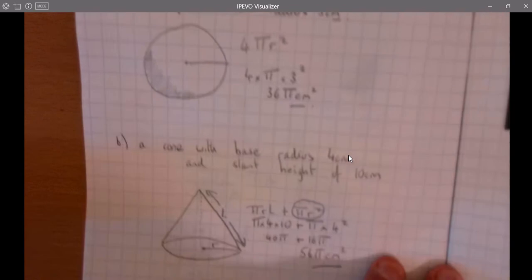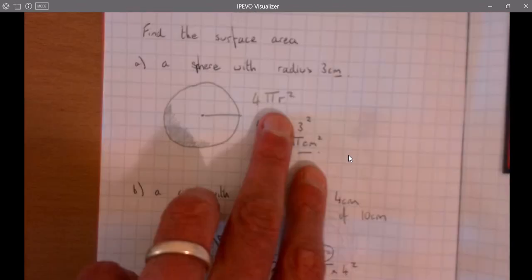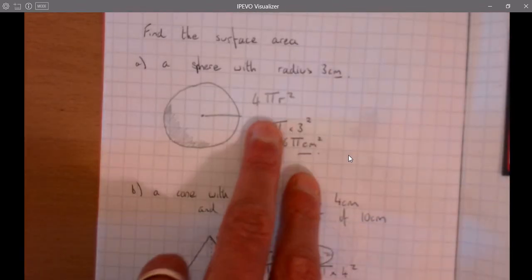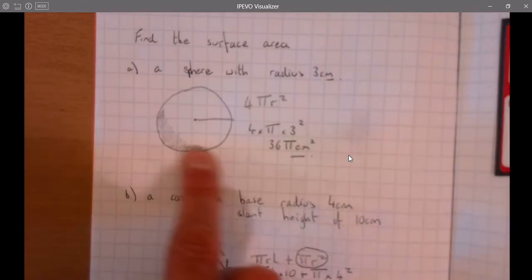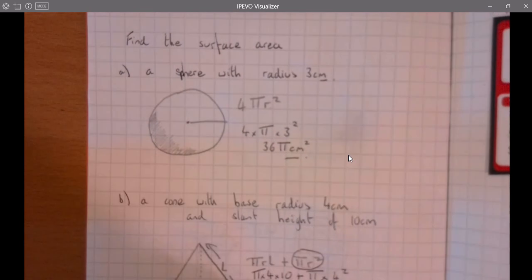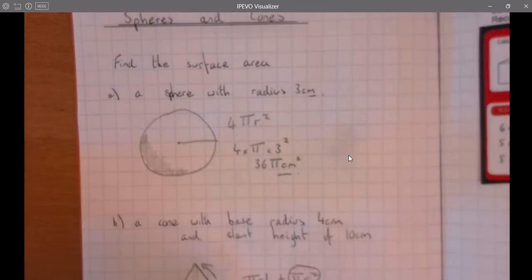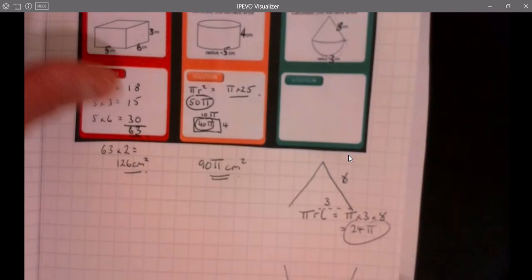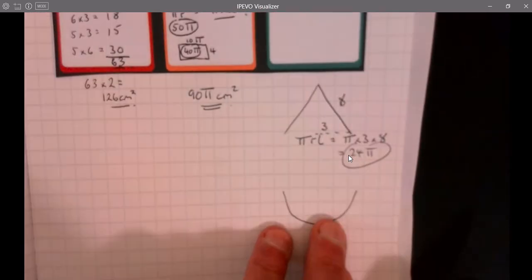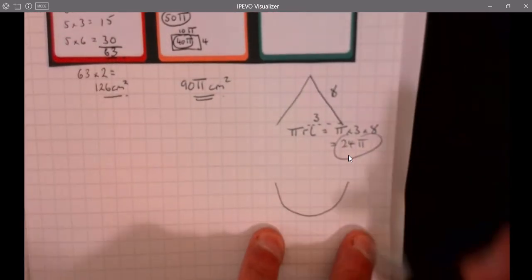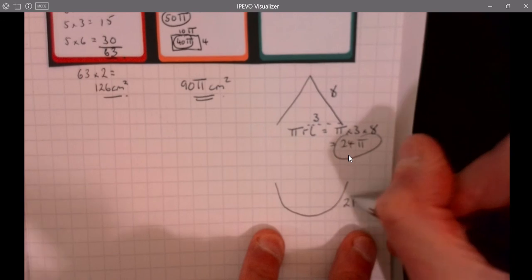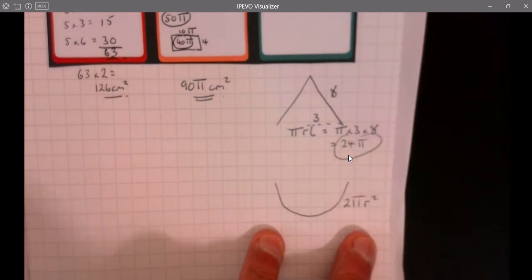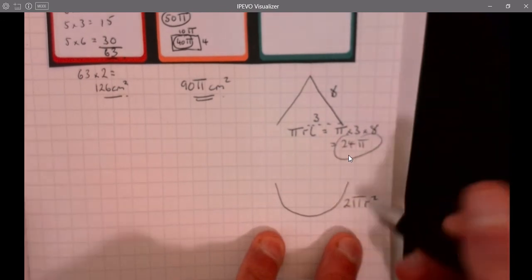It was 4 pi r squared to work out the whole football. We only want half of the football. I'm not worried about the circular bit in the middle. I'm just interested in that half. So 4 pi r squared is the whole thing. So we're going to have 2 pi r squared.